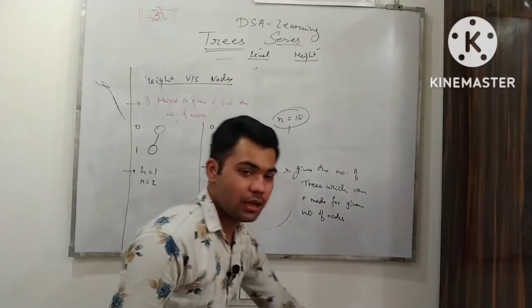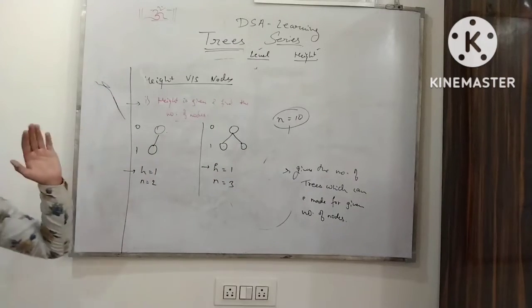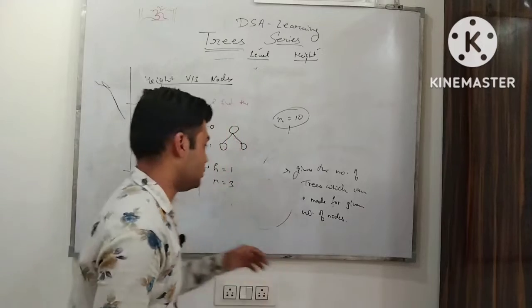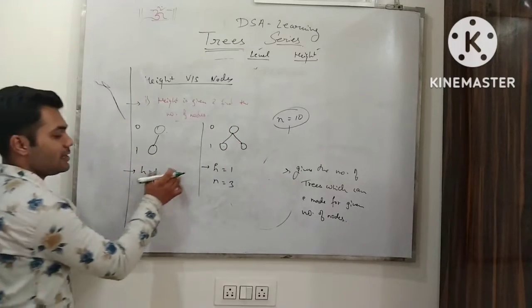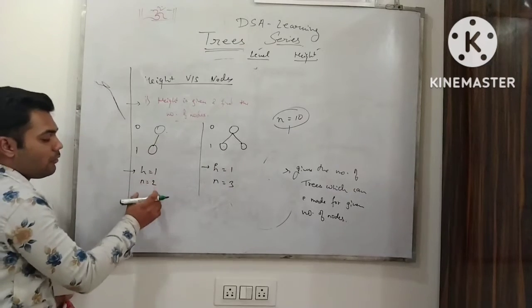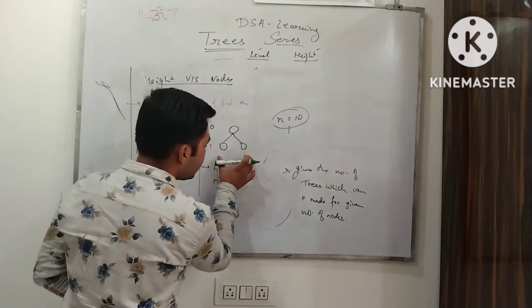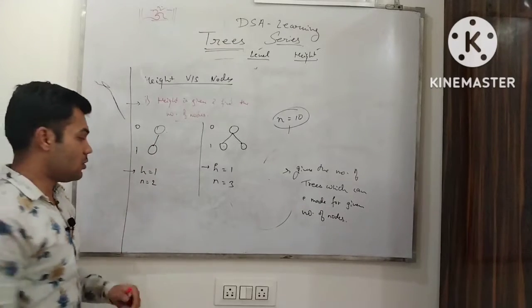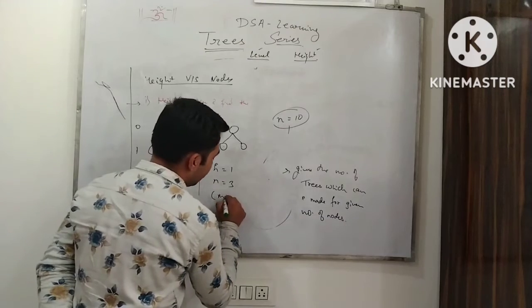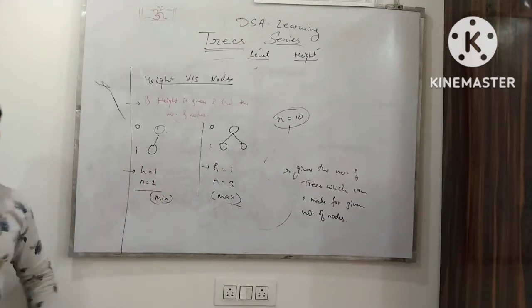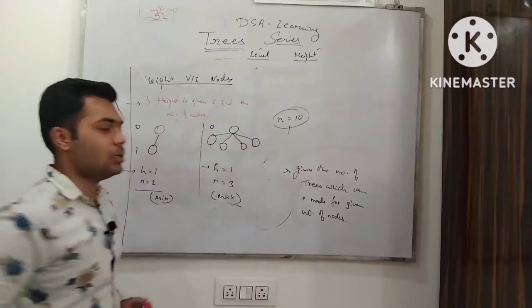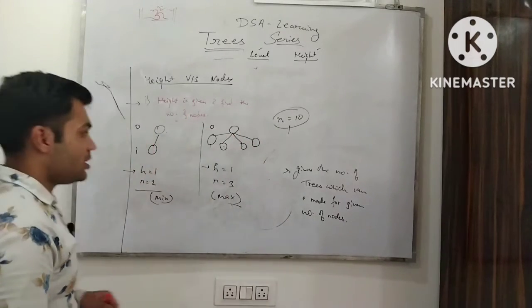One thing is clear from here: for the same height we can have different numbers of nodes in our binary tree. The height is the same in both cases, height is 1, but in this case the number of nodes is only 2, and in this case it is 3. So we call this the minimum number of nodes, and for this we can get the maximum number of nodes. Why can there not be further children?